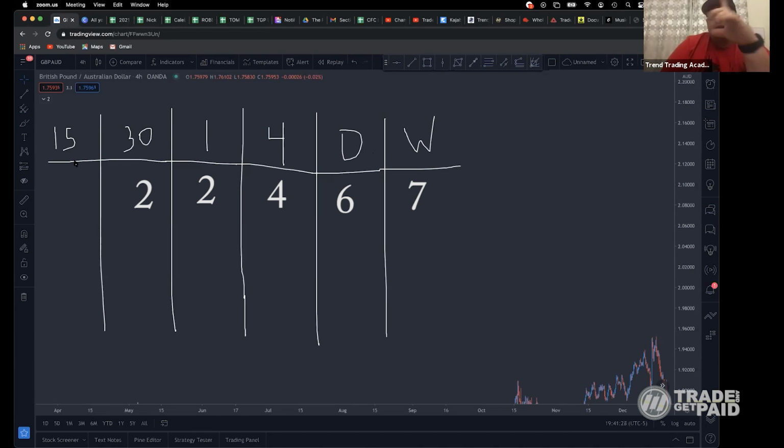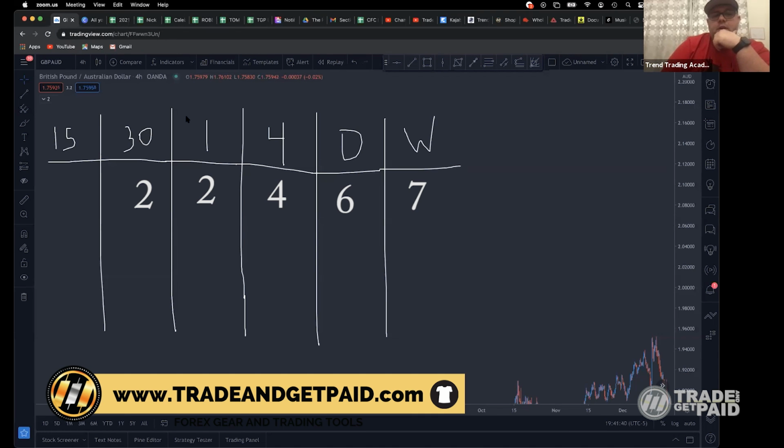Now let's take it to the next step. If you see that there are 2 15-minute candles inside of every 30-minute, and 2 30-minute inside of every 1 hour, then how many 15-minute candles are in 1 hour? Boom.